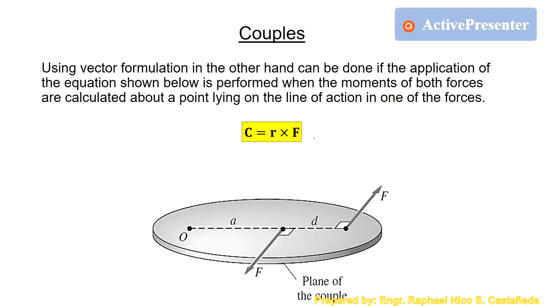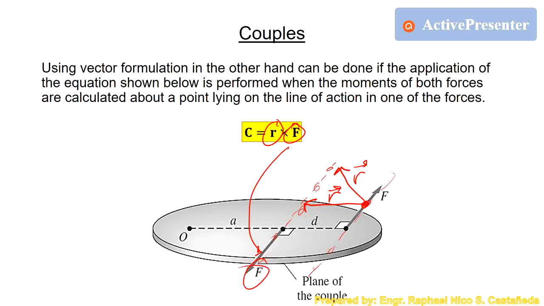Next, vector formulation, on the other hand, can be done if the equation shown below is applied when the moments of both forces are calculated about a point lying on the line of action of one of the forces. So meaning, if we formulate R, we can use any point on the line of action of the two forces. If we choose this point right here, we can use this one as position vector R. Then the force that we are going to use here is this force.